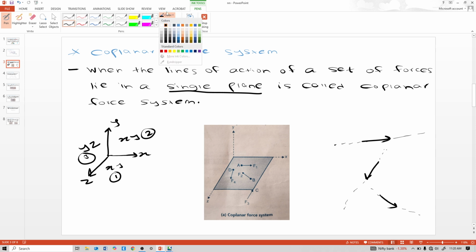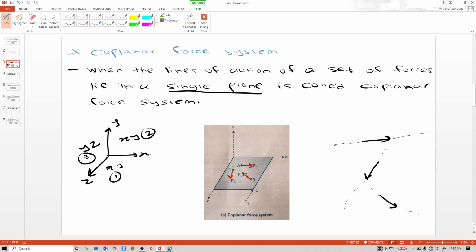So here in this coplanar force system, see, one force is acting here, one force is acting like this, F2, and this F1 is like this. And now see the line of action of those three forces. This F1 force line of action is this, F2 force line of action is this, and F4 force line of action is this.